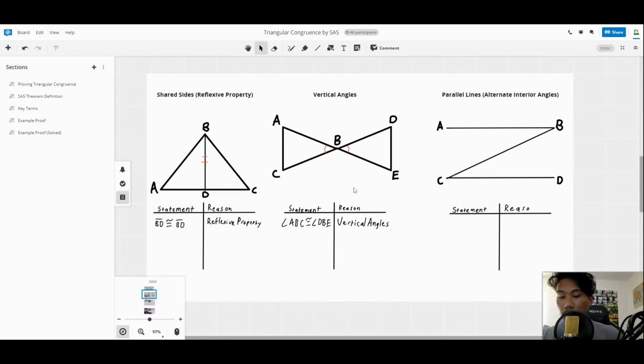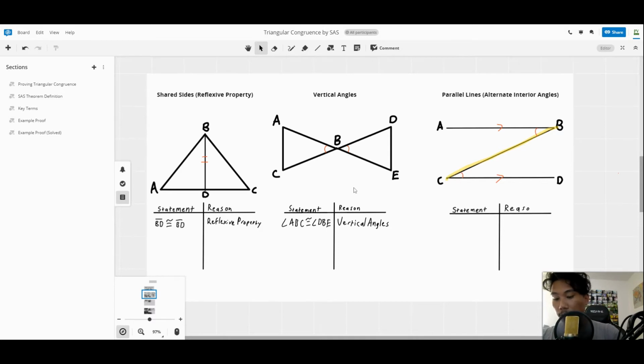The last of the three is when we have parallel lines, right? So line AB is parallel to line CD. Now, when we have two parallel lines that are crossed by a transversal, and that is this line here, line CB, we can make a statement saying that the alternate interior angles are congruent, right? So what that looks like is this angle, ABC, right here, is congruent to angle BCD.